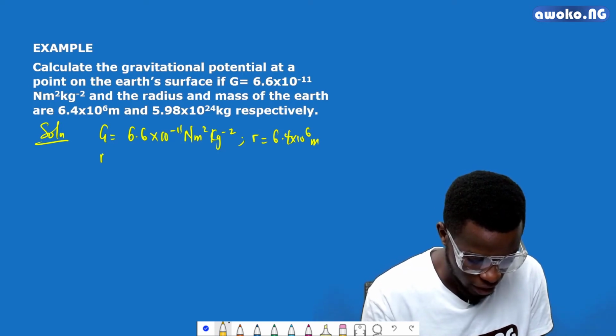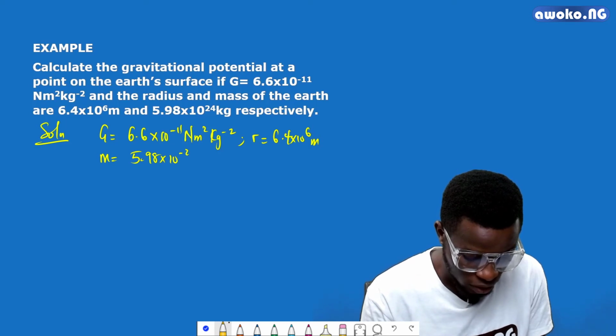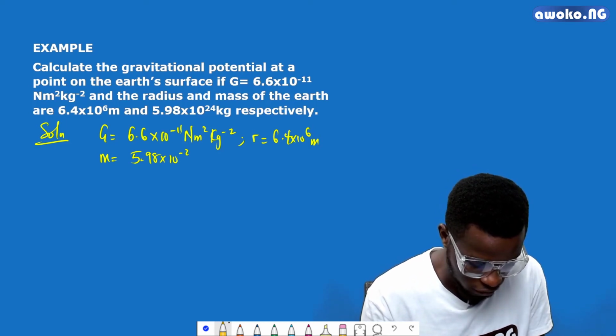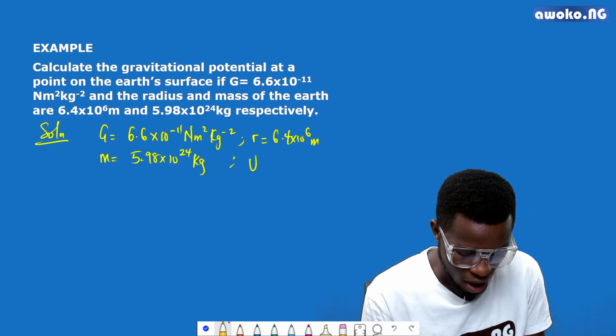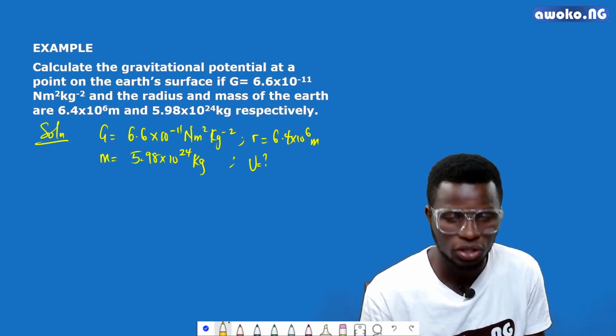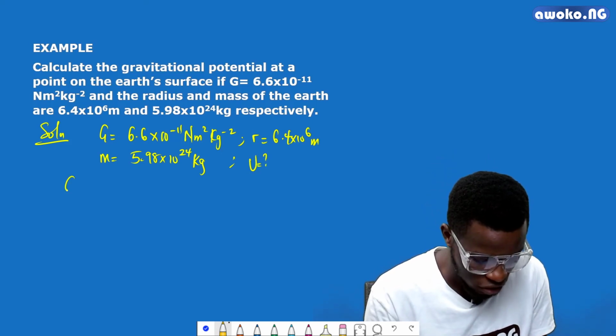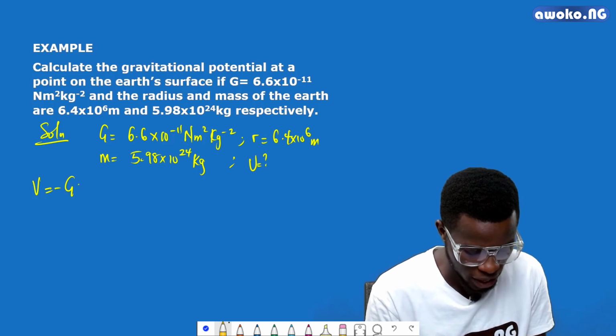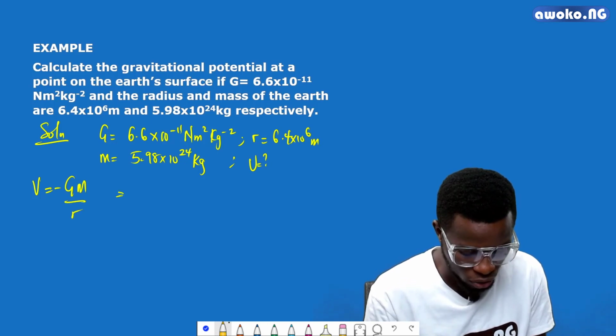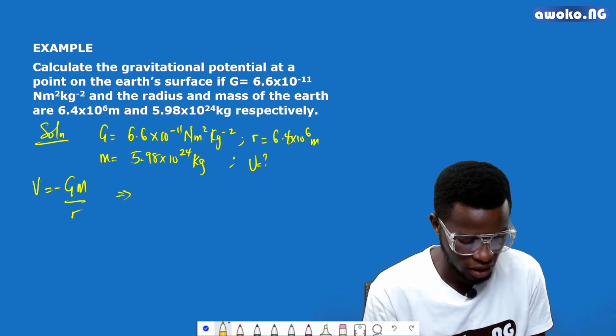We have M equal to 5.98 times 10 raised to the power 24 kilogram. We are asked to find the gravitational potential, and we know that V = -GM/R. So we can substitute the parameters and solve.